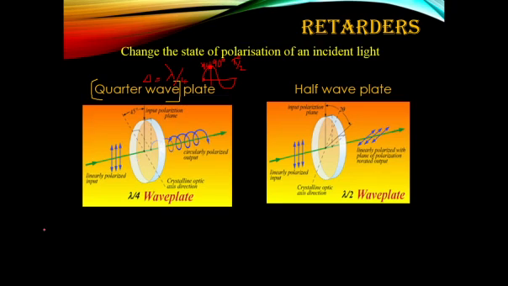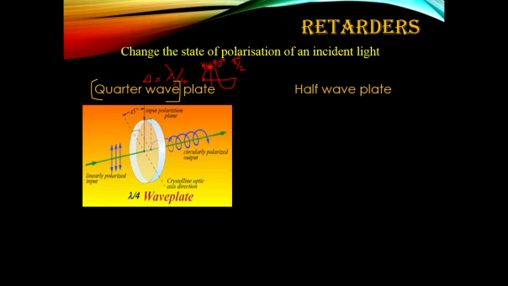So we can see that for a quarter wave plate, the path difference between the plane polarized waves would be lambda by 4 after passing through the thickness of the material. So what is path difference? It is given by mu E minus mu O, which are for the two orthogonal waves, into the thickness D, is equal to lambda by 4.